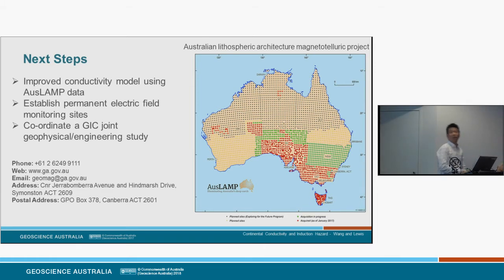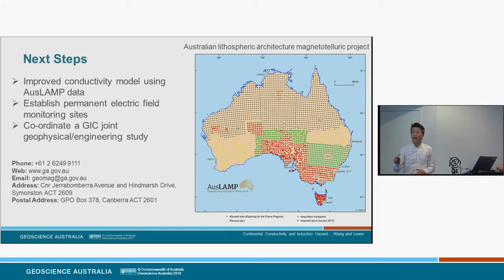So the hazards map just shows the risk factor of the GIC in the different geology background. So in this area, usually the magnetic fields are increased in the conductive area, and electrical fields decrease in conductive area, and in the resistive area just the opposite.